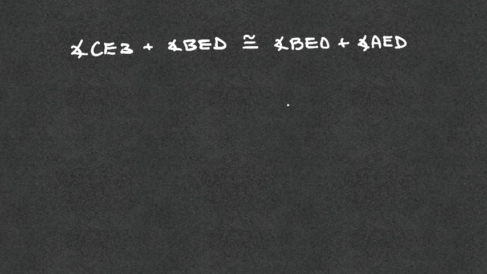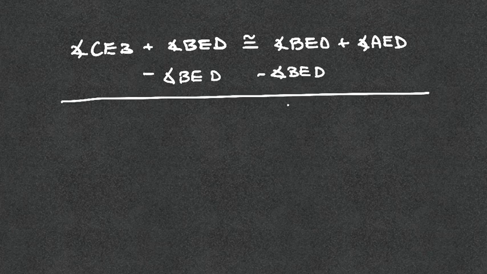And so, just as before, we notice that we have angle BED on both sides, so we just subtract angle BED from both sides. And so what we're left with is that our angle CEB will then be congruent to our angle AED.